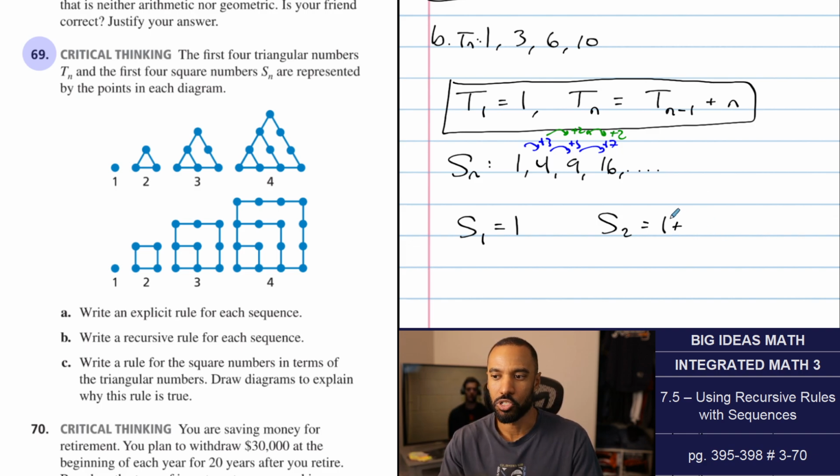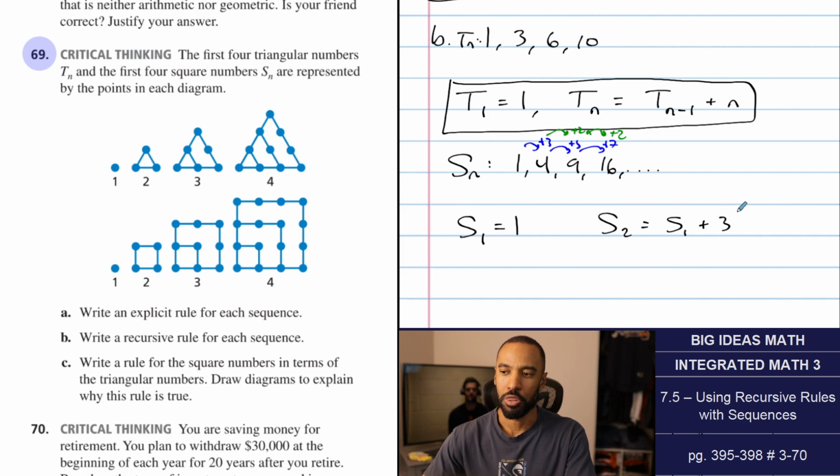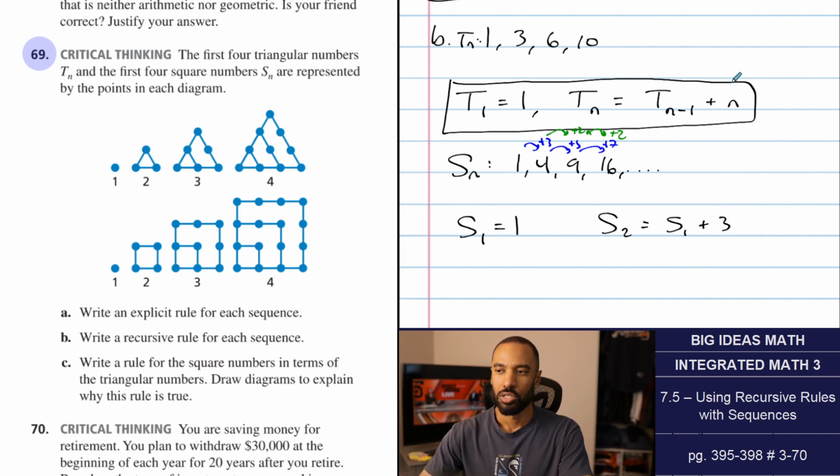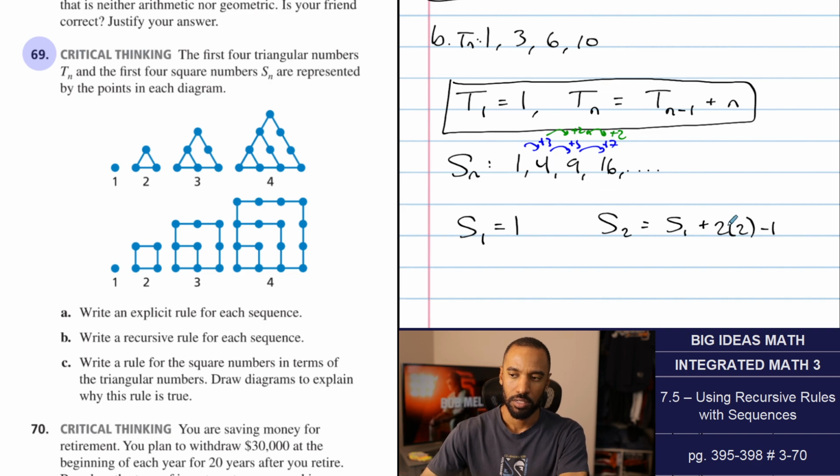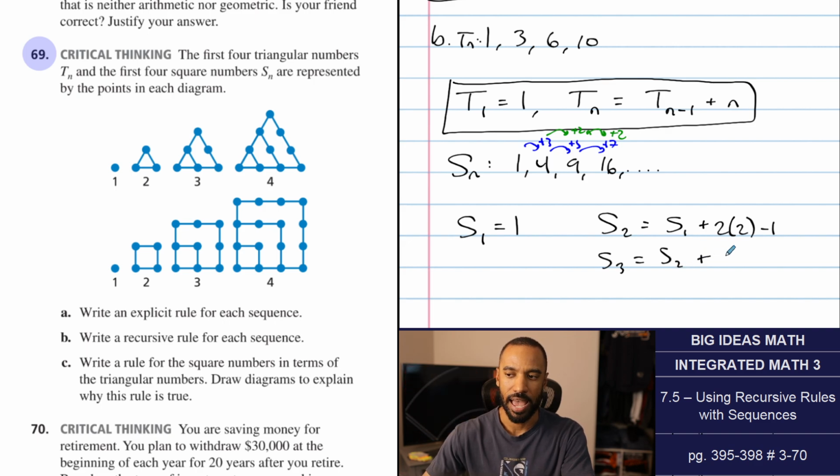The second term takes the first term, plus 3, but 3 represents, more specifically in that second term, 2 times the second term minus 1. 2 times 2 is 4, minus 1. The third term takes the second term of 4 and adds 5. 5 is 2 times 3 minus 1.